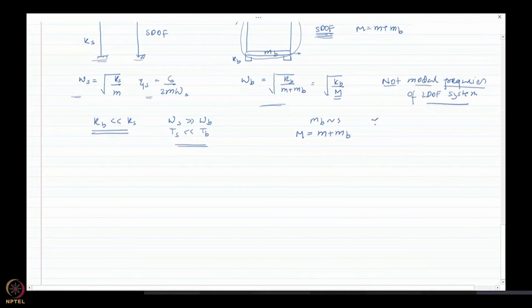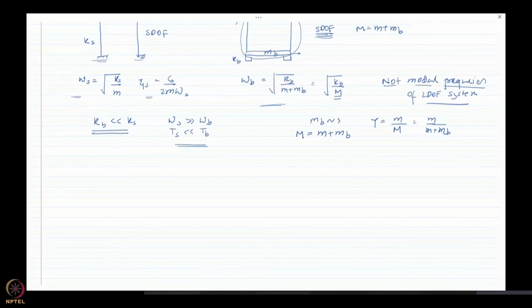Basically we define a term gamma, which is the ratio of the mass of the superstructure to the total mass, where total mass is M plus MB. And this is not negligible. However, M and MB are comparable, but typically KB is much smaller than KS.